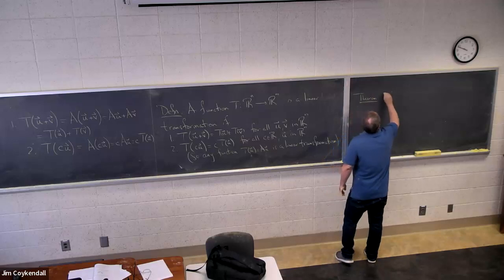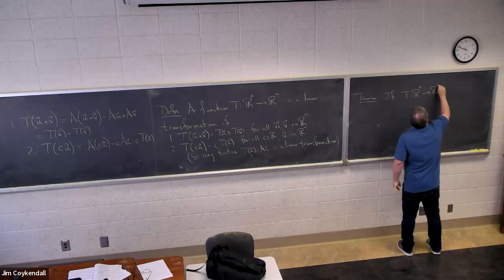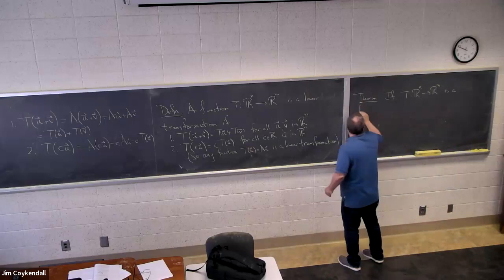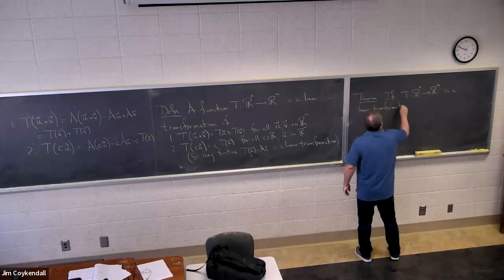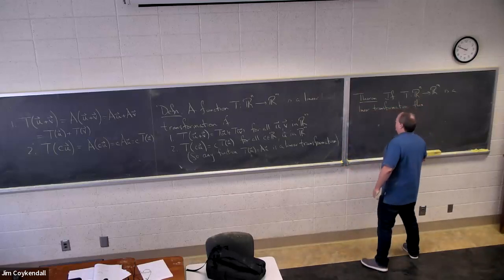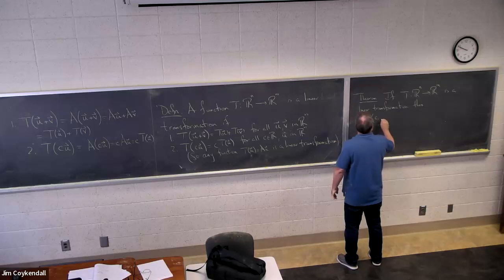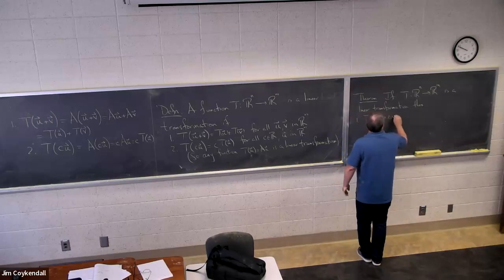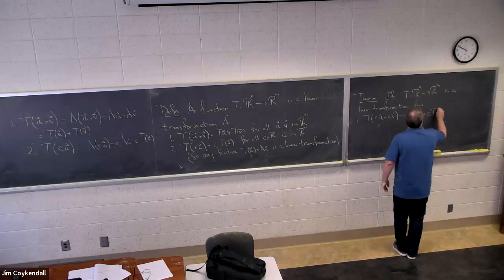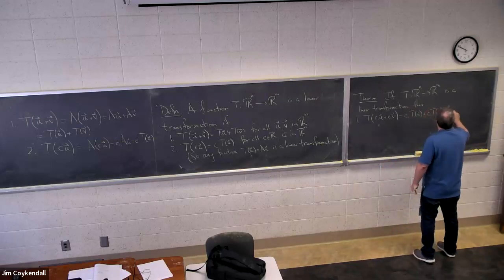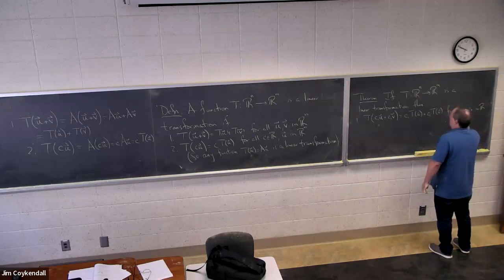Theorem. If T from R^n to R^m is a linear transformation, then number one, T of c1 u plus c2 v is c1 T(u) plus c2 T(v).